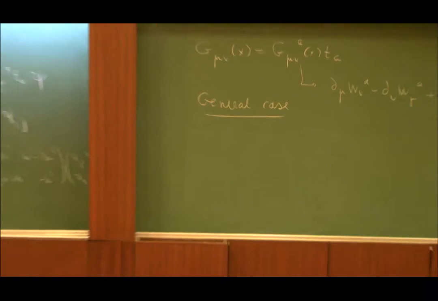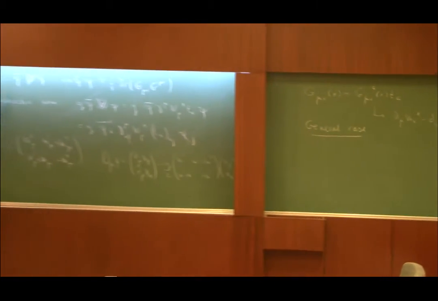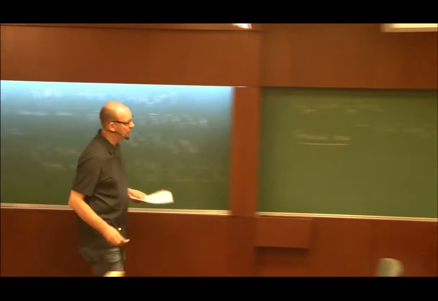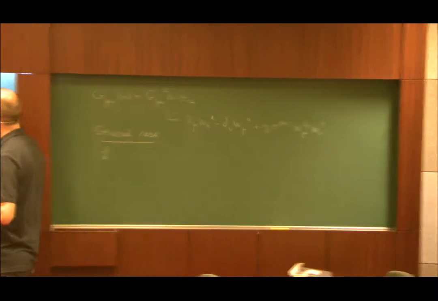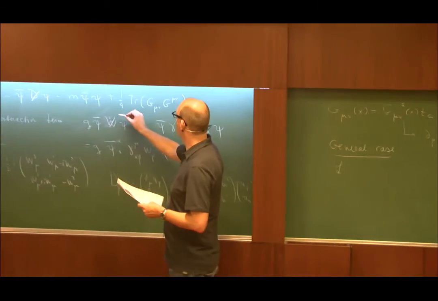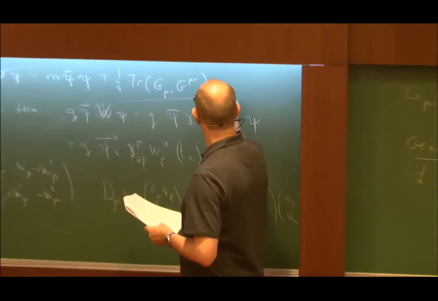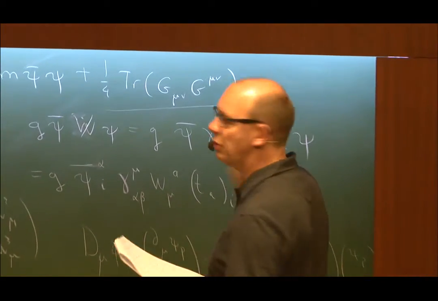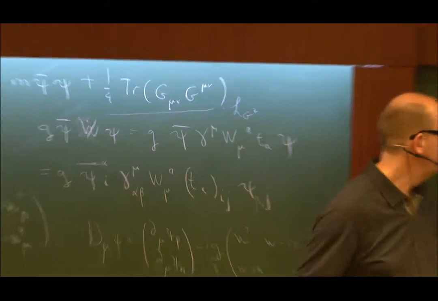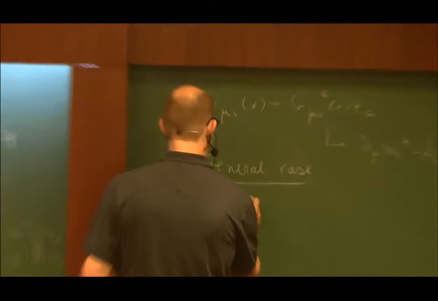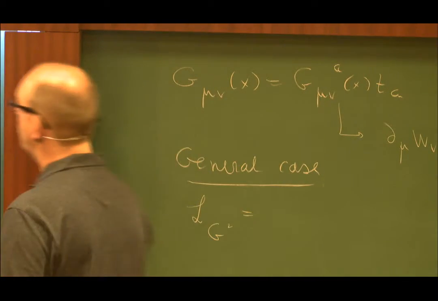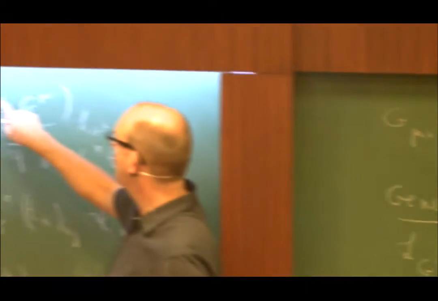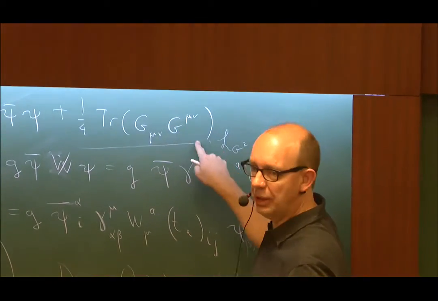And then let's write this Lagrangian out in terms of components. Particularly for this bit, we call this the L_G squared term. So the L_G squared term I can write as a trace, contracted with T^A, T^B.